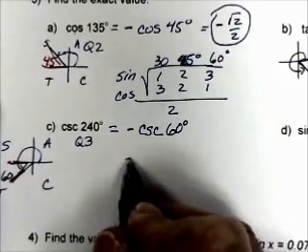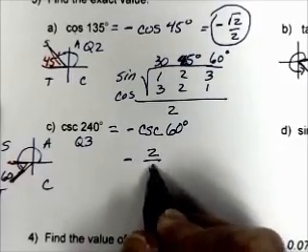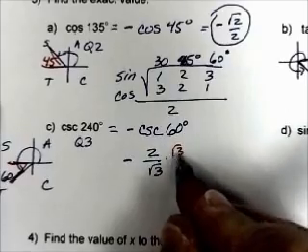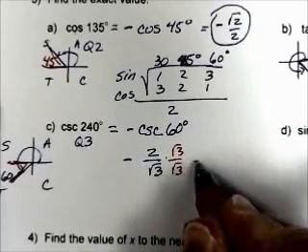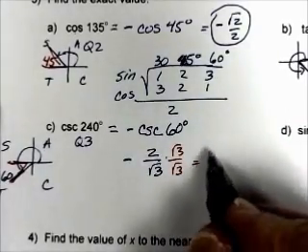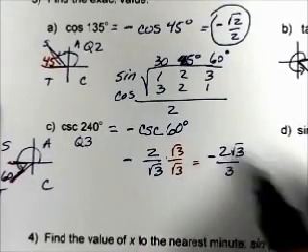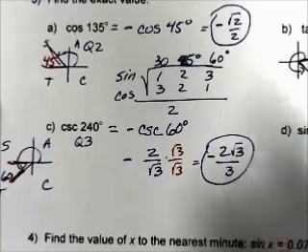So this would equal negative 2 over square root of 3. Rationalize the denominator by multiplying by the square root of 3 over square root of 3, and this is negative 2 square root of 3 over 3. And this is our exact value.